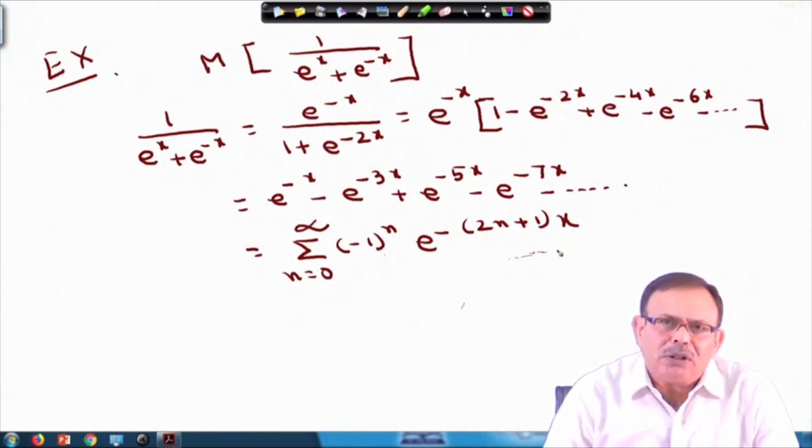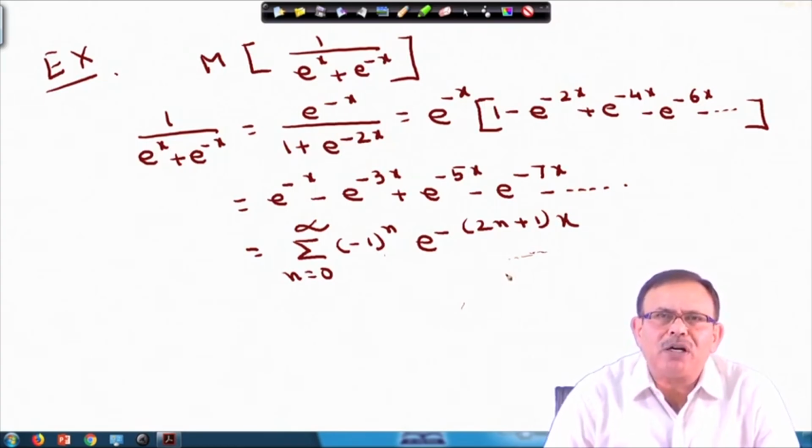So, finding the Mellin transform of 1 by e to the power x plus e power minus x is equivalent to finding the Mellin transform of summation n equals 0 to infinity minus 1 to the power n e power minus 2 into n plus 1 x.